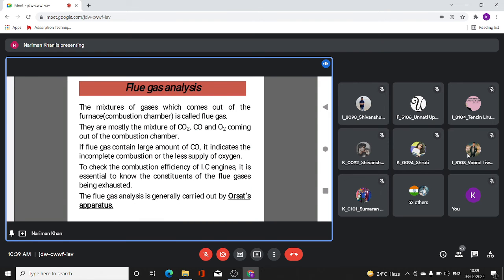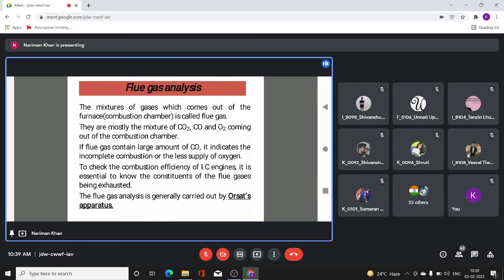But if the quality of our fuel is not good, it is not going to burn completely, and in that case carbon monoxide, the poisonous gas, is going to get liberated due to incomplete combustion.